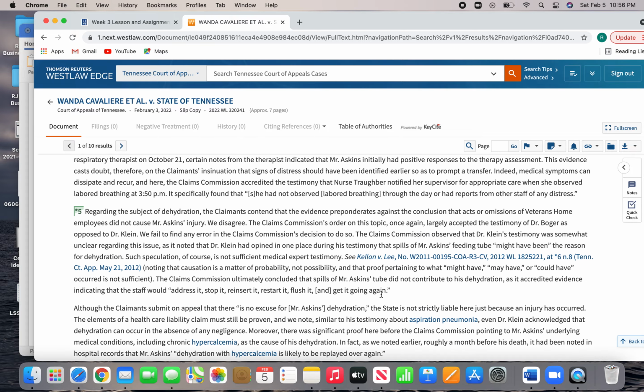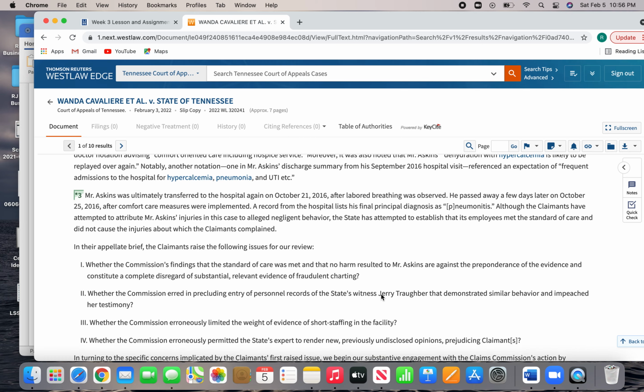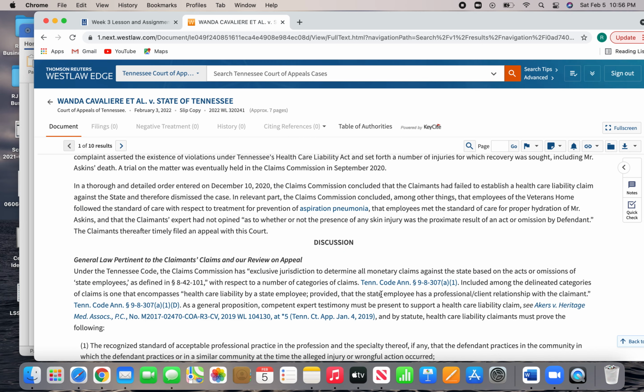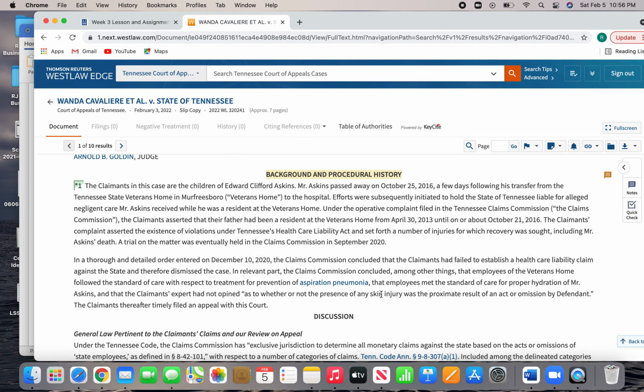So, just the facts of the case. In a nutshell, they were upset because their father died and suffered injuries while he was in the rest home, and they mainly complained about breathing issues and different things like that they noticed.